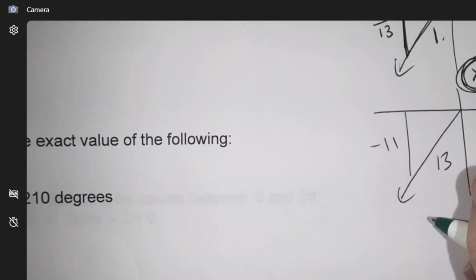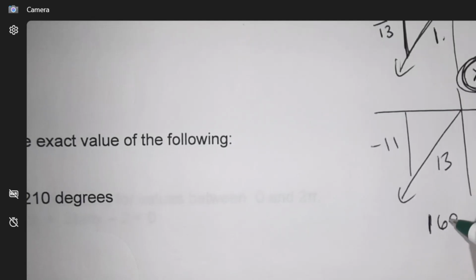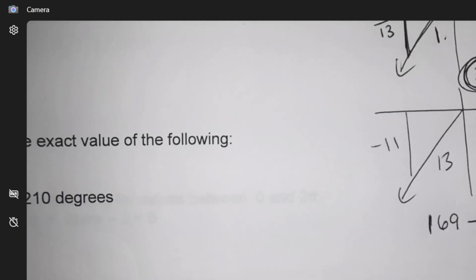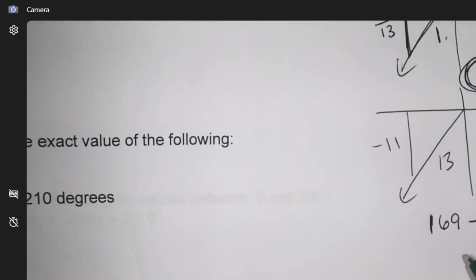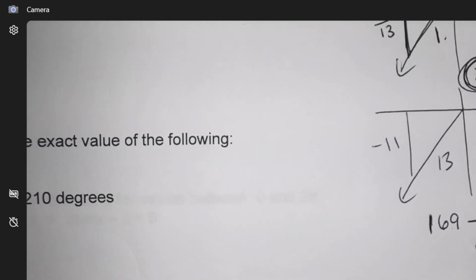Okay, 13 squared is 169 minus 11 squared, 121. So I'm getting 48.